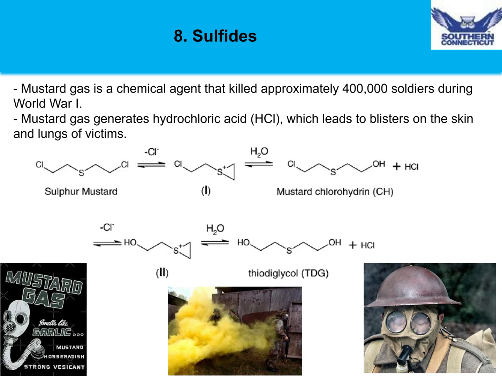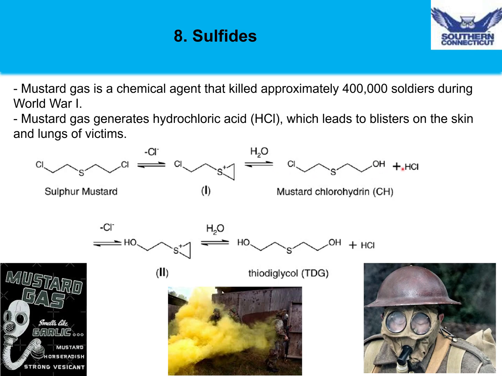The way this agent works is by first the sulfur attacking one of the carbons that has a chloride leaving group, forming a sulfonium salt, which then is opened by a water molecule or other nucleophile.